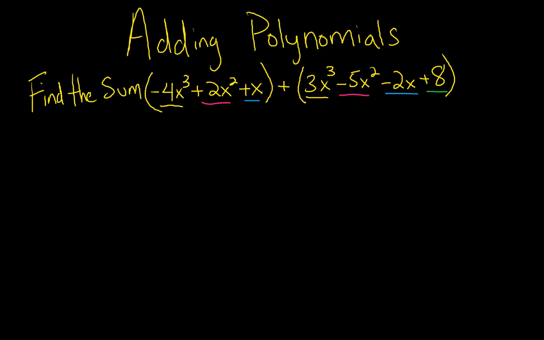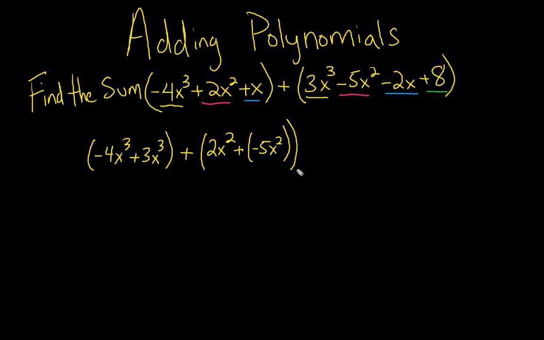So if we rewrite this addition problem, combining our like terms, I'm just going to rewrite it. So we have negative 4x cubed plus 3x cubed. Next we have our x squared, so it's 2x squared plus a negative 5x squared.